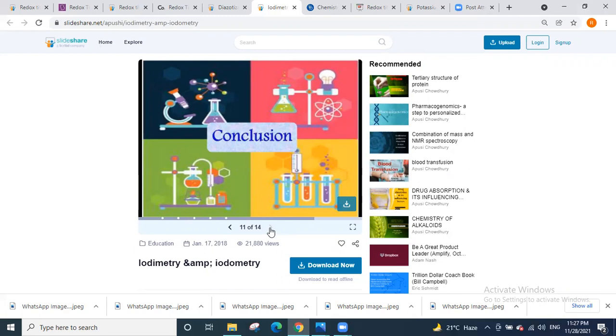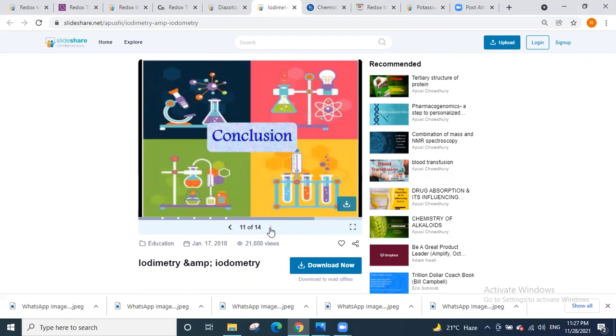So we have discussed permanganometry, chromatometry, and iodometry. Cerium sulfate is a very good oxidizing agent. That is enough regarding the redox titration.